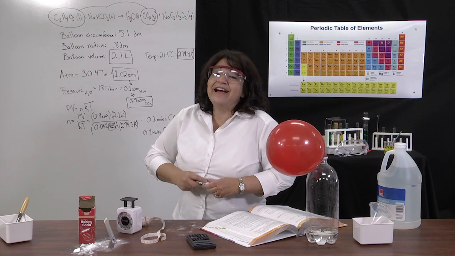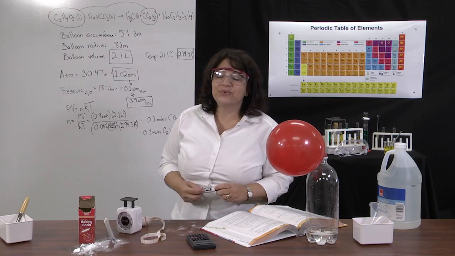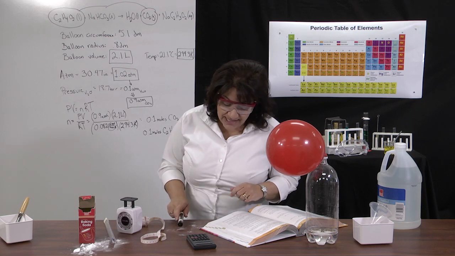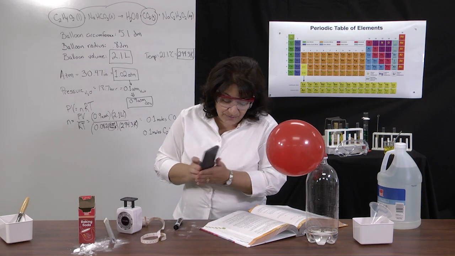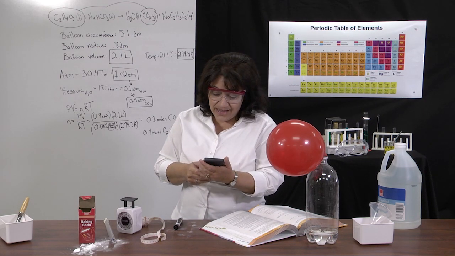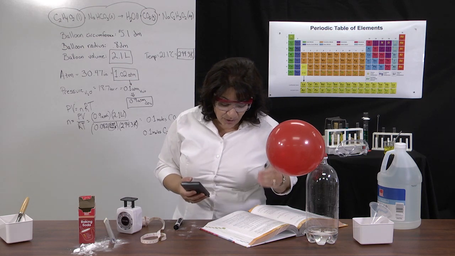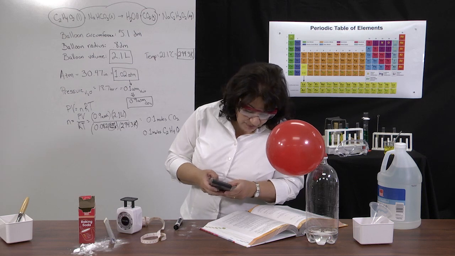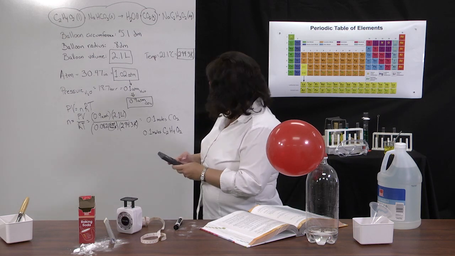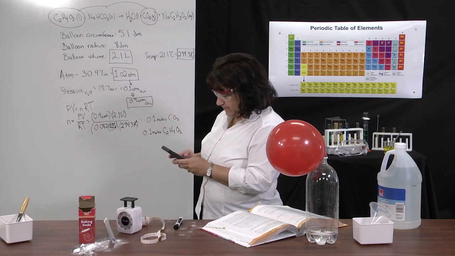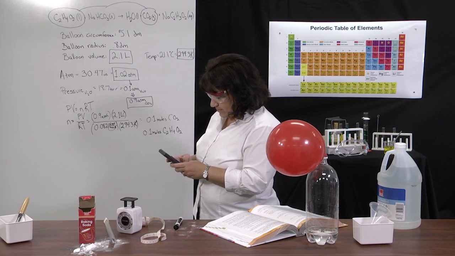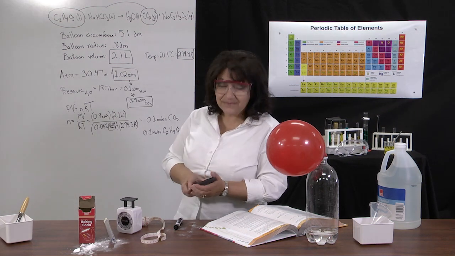Okay, so we need to find out how many grams of acetic acid were used as one of the reactants in this equation. And so we take the molecular mass of acetic acid, which is 60.0 AMU, atomic mass units, and multiply by the number of moles. So I'll take the 60.0 times 0.1 and I get 6.